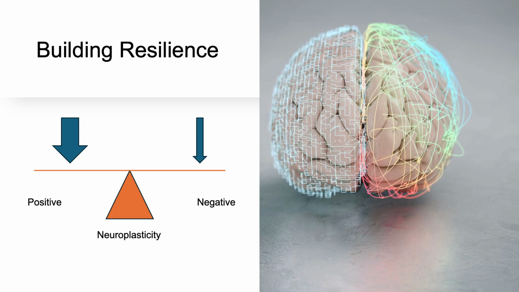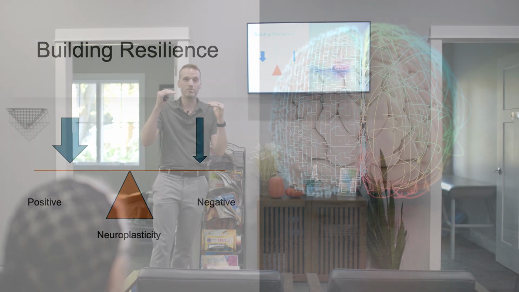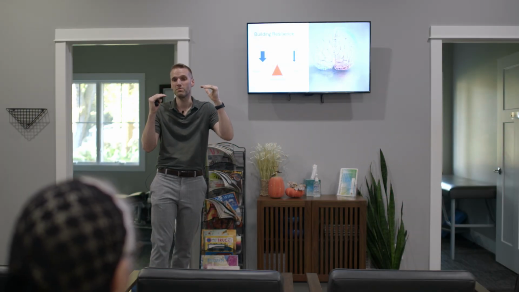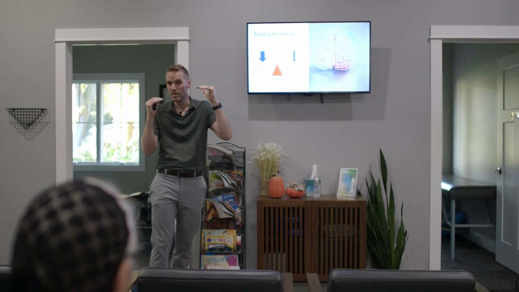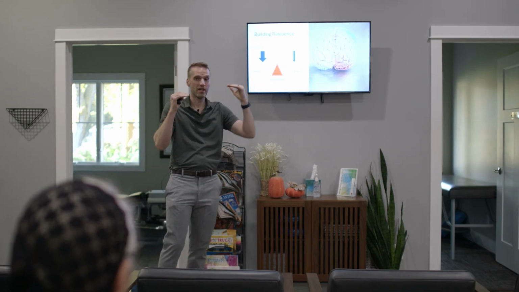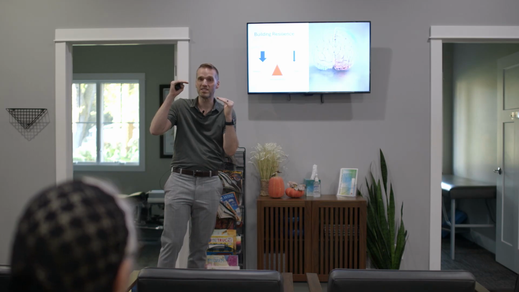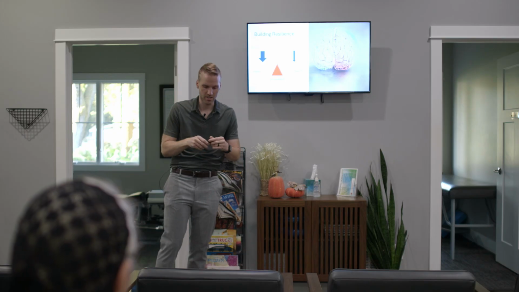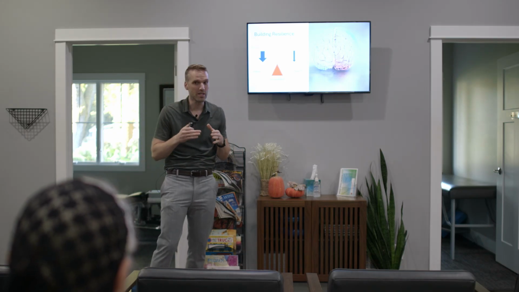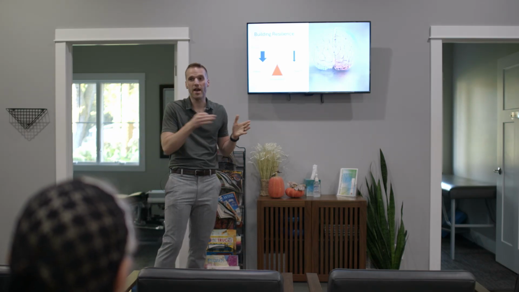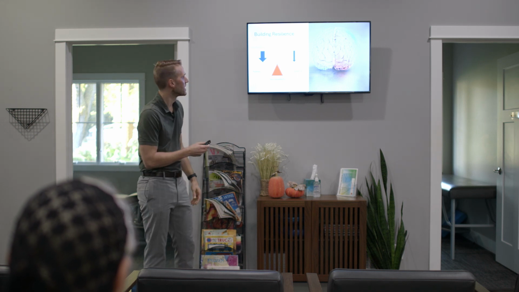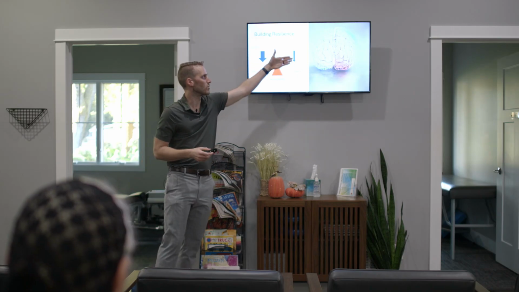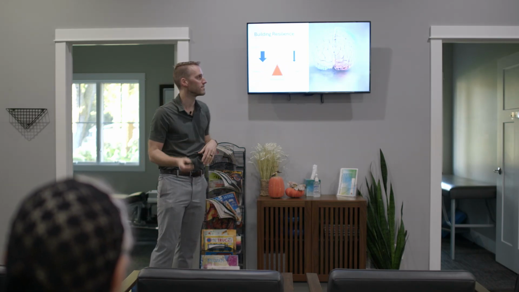And essentially what we want to see in resilience is if we can start to load the scales on the aspects of things that will help to build resilience and make us better, as opposed to loading the scale to things that tilt us towards negative plasticity, we're going to generally be set up for a better quality of life as we continue to go through life. And that is as it relates to mood disorders, but really every aspect of our life and our function. And so I use the bigger arrow here to say we really want to load this side, and we want to try and minimize the things that are on this side, okay?